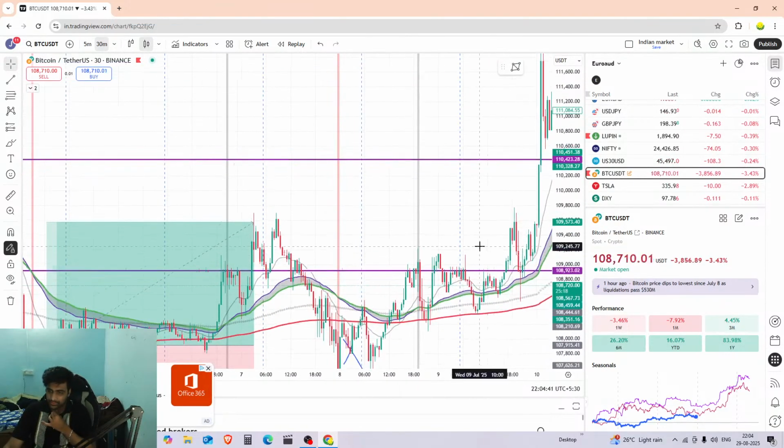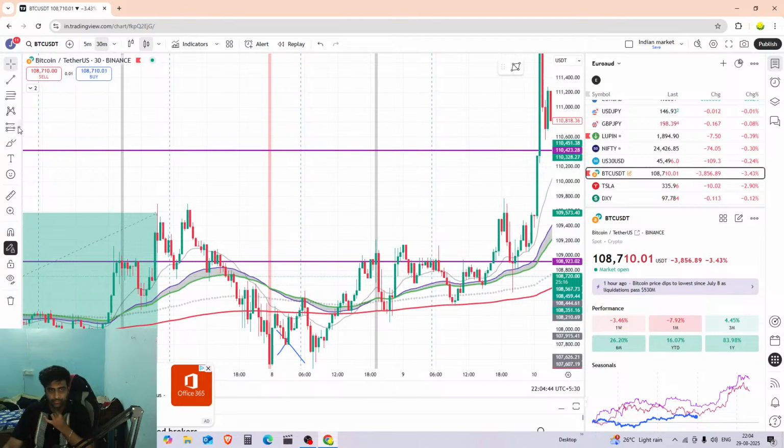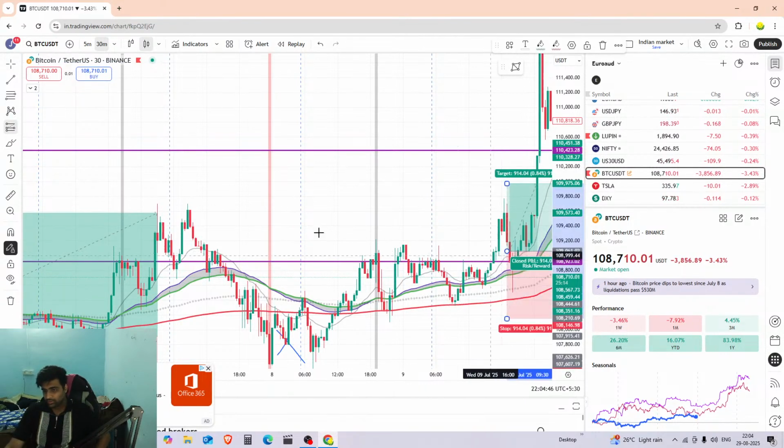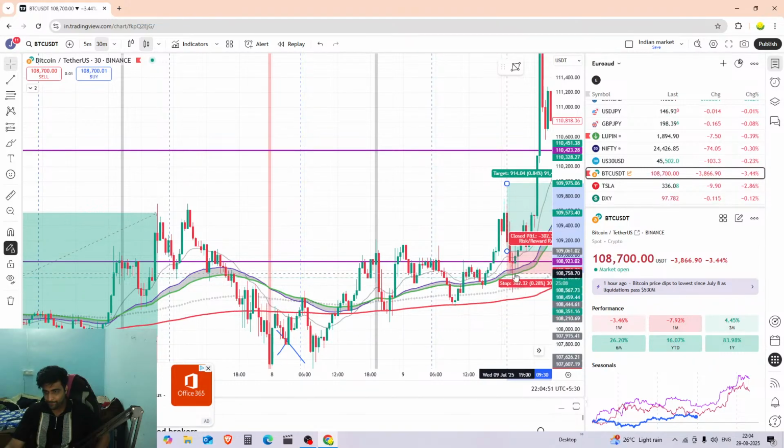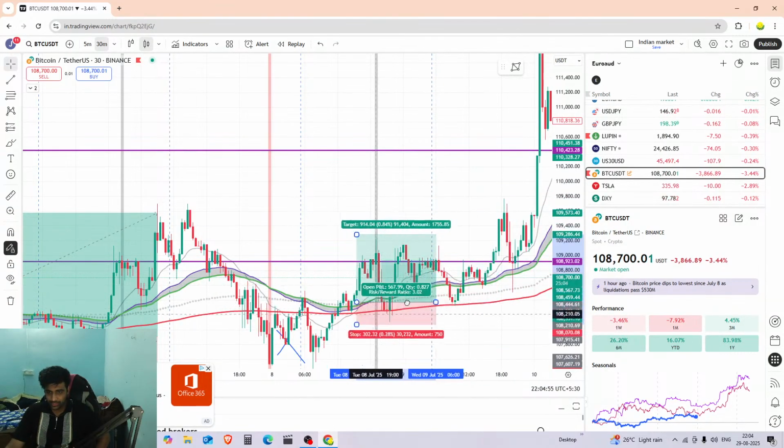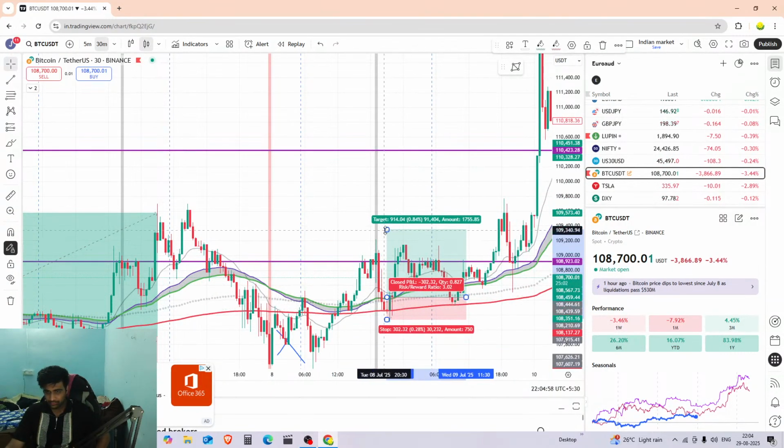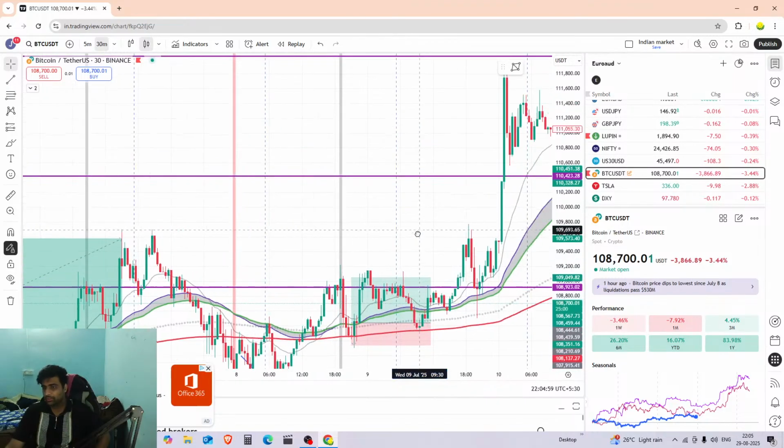You see this? Even this is a very good setup. This is called first bounce. This one. In this case, it happened here. This was the first bounce. Okay.